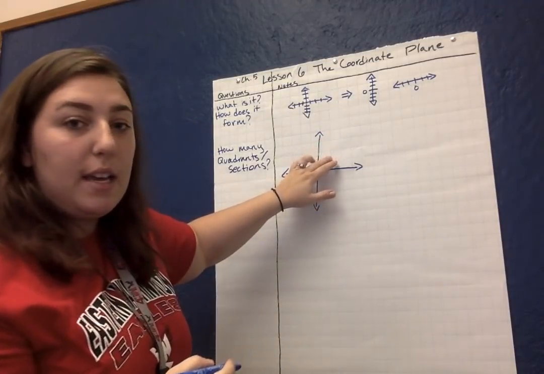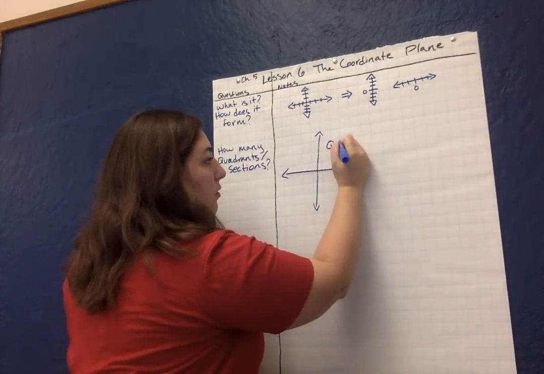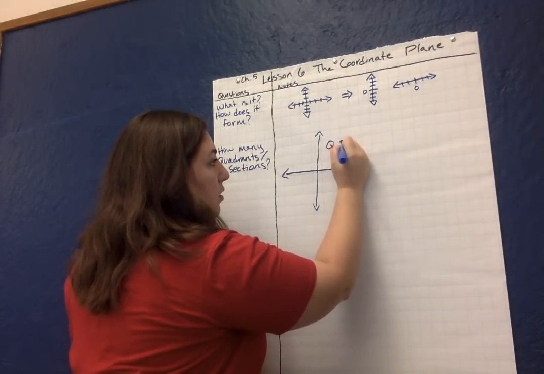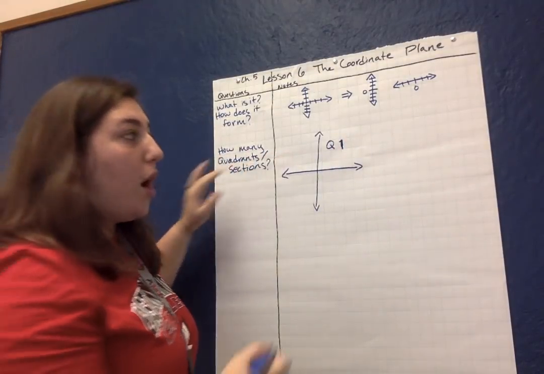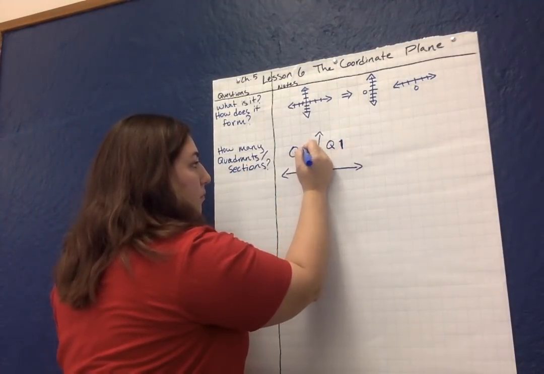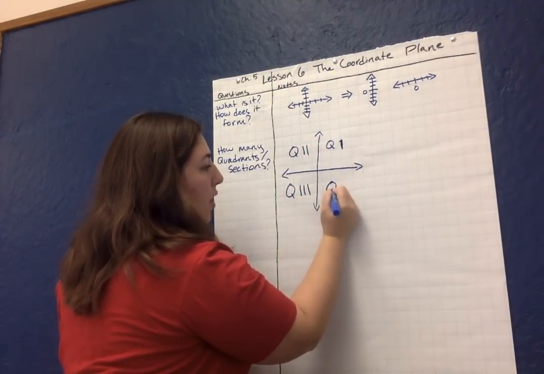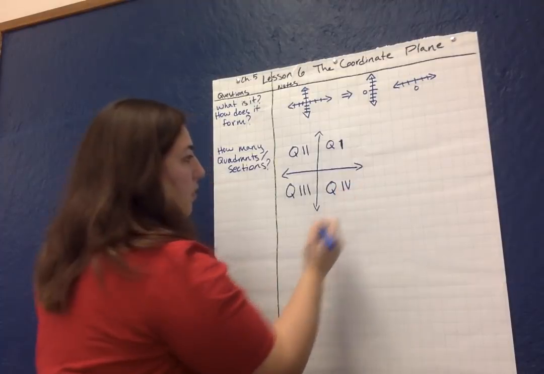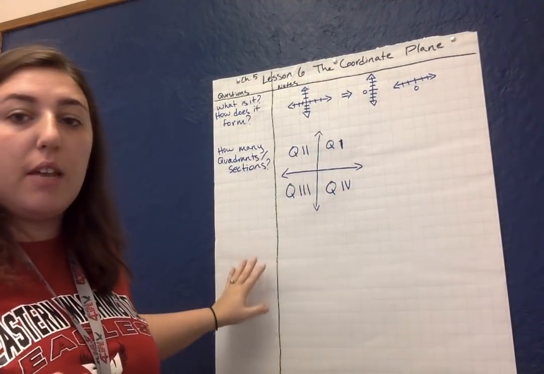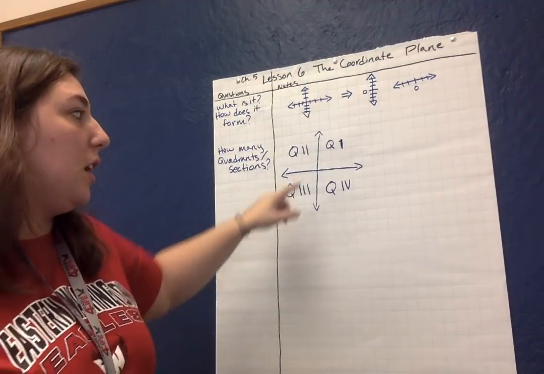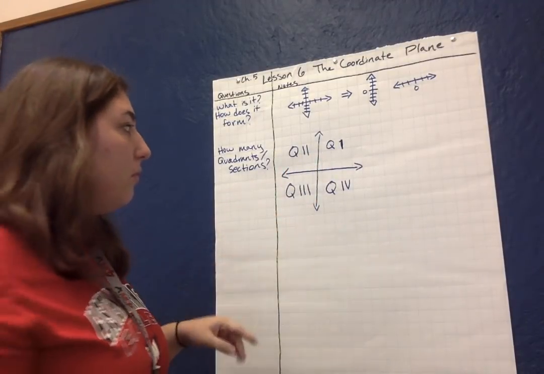Okay, so in this section right here, we're going to have quadrant 1. In this section, we're going to have quadrant 2, quadrant 3, and quadrant 4. Okay, this is how it's symbolized, the quadrants. You can think of them as different sections. So you can think of it as section 1, 2, 3, and 4.